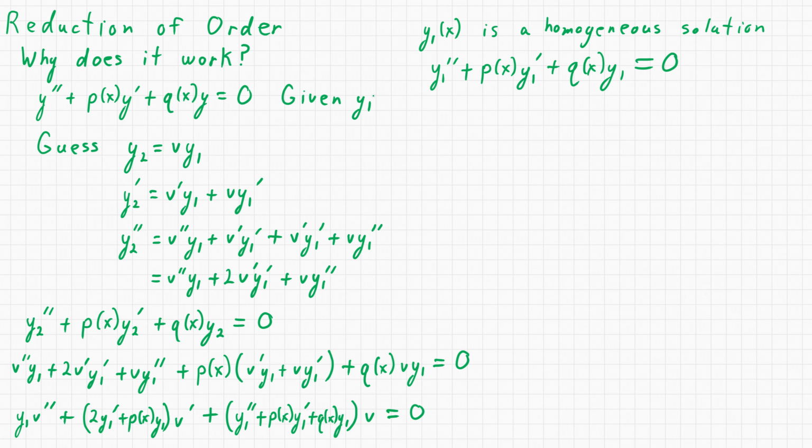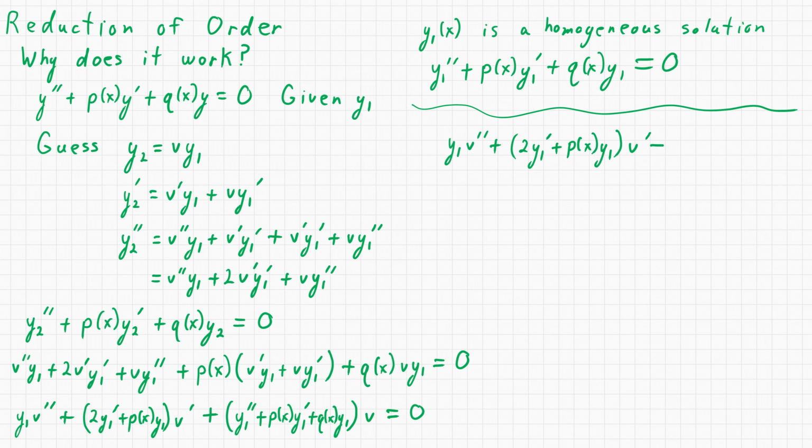That's its definition. If y1 is a homogeneous solution, y1 solves the original differential equation. That means that y1 double prime plus p of x times y1 prime plus q of x times y1 has to equal 0. So what that ends up meaning is that this piece right here is the differential equation. So we actually just end up with 0 v equals 0.